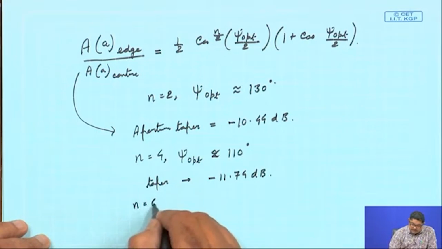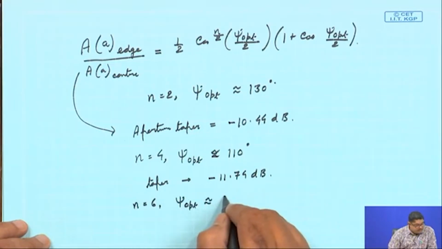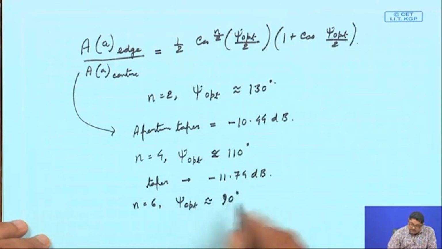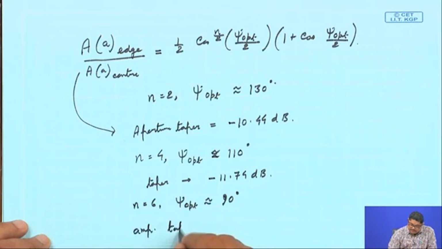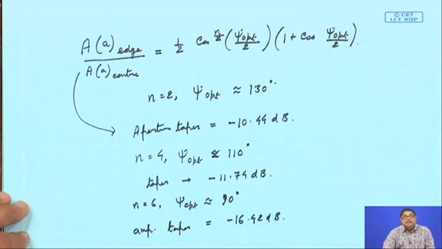For n is equal to 6, this from the graph is almost 90 degree. So, amplitude taper, this is minus 16.42 dB, etc.